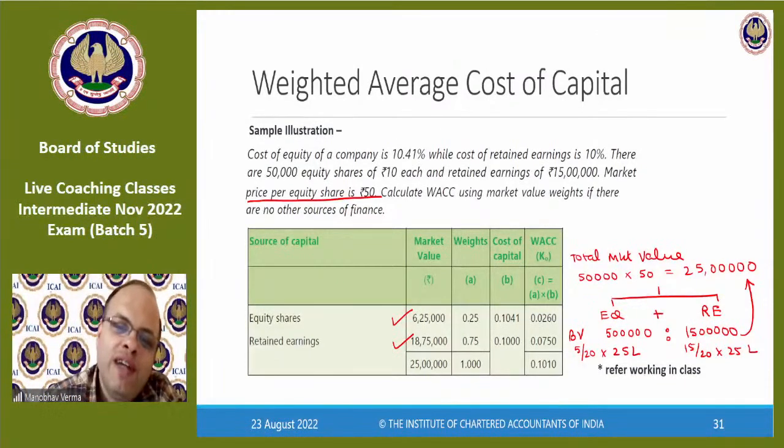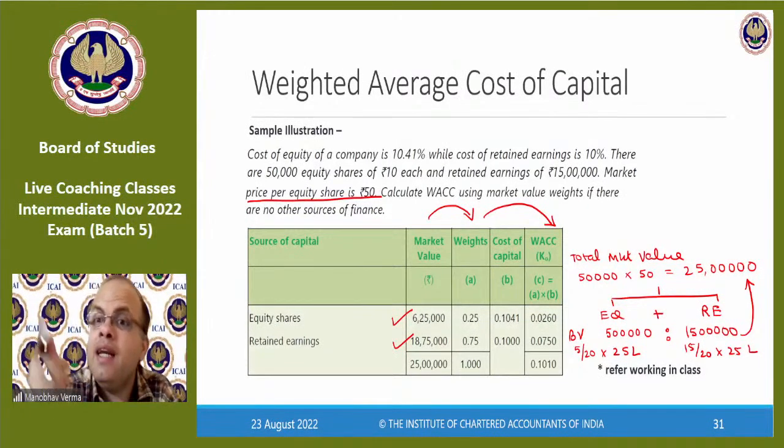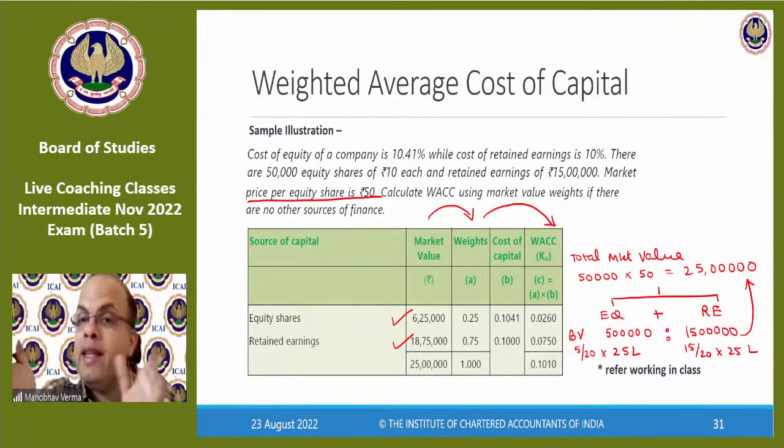Even for cost of capital, even if we are using the market value weights, we are actually using the same weight to calculate the weighted average cost of capital. But it will make a difference when there are other components, when there are debentures, when there is preference stock. So you need to know this weight, right? If they are talking about the market value, it is always safer to allocate the market value between equity and retained earnings using the book values.